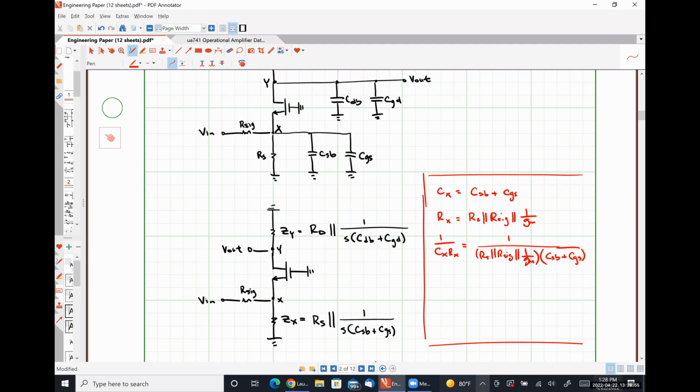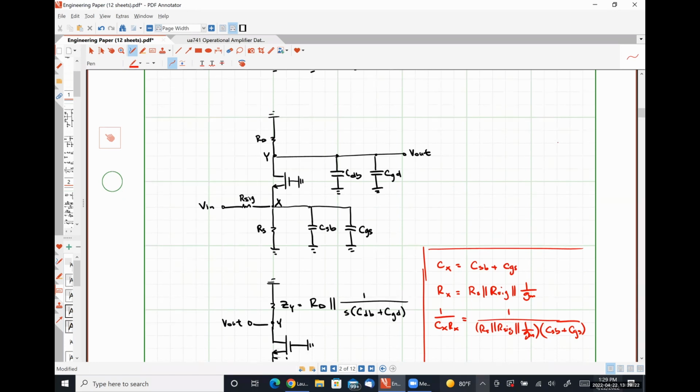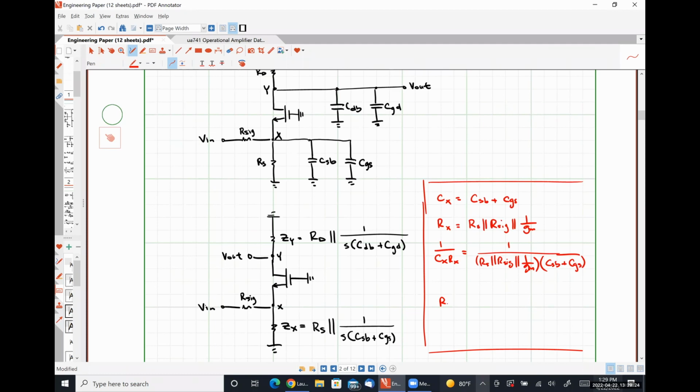Let's look at node Y. Looking up, the resistance we see, actually, I guess it would be better to do it right here. The resistance we see is RD. Looking down with channel length modulation effects excluded, we see an open circuit because VGS is 0, right? So we would just have RY is RD.